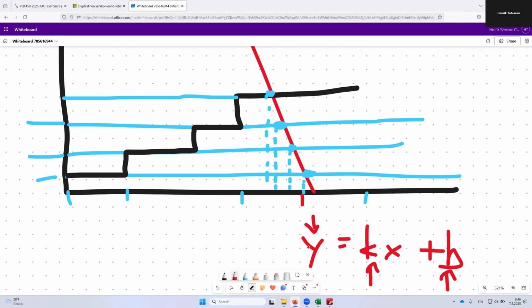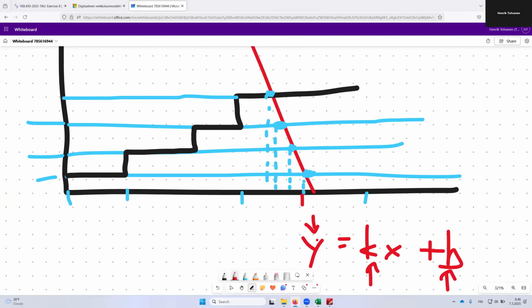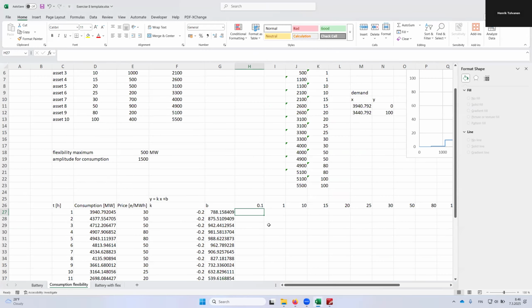So y is the price. So in this case, if y is going to be the price and we're after x, it's going to be y minus b divided with k. So in this case, y, that is the price, minus b, that's in here, divided with k.